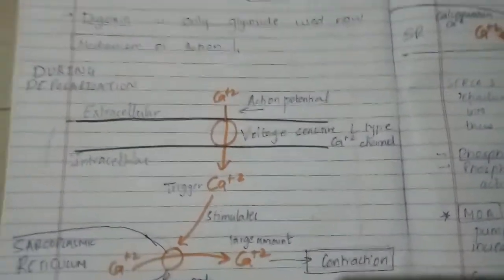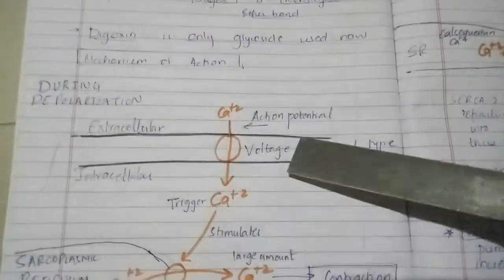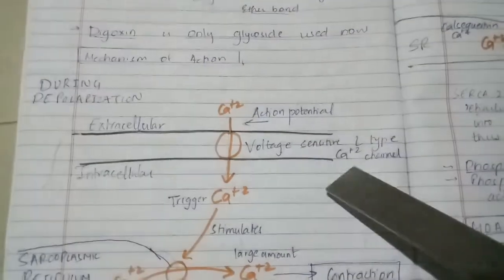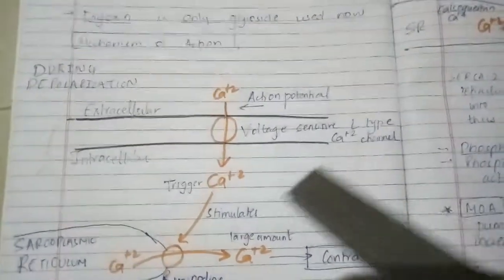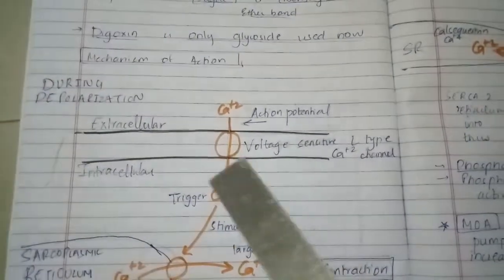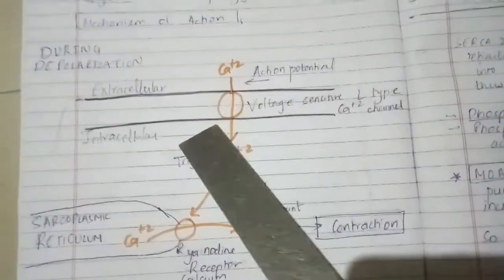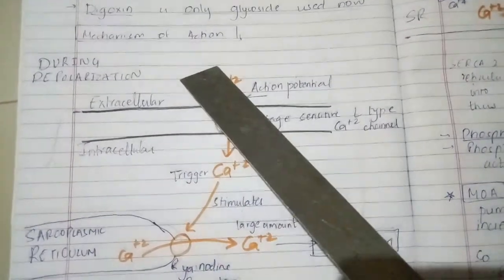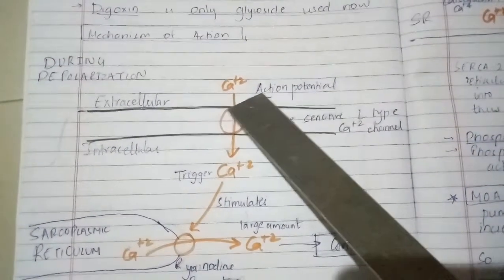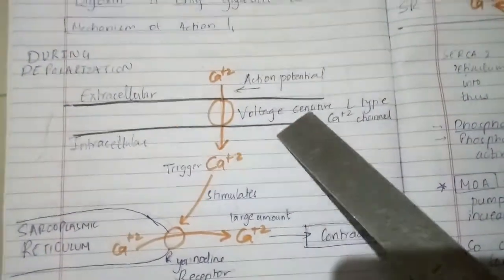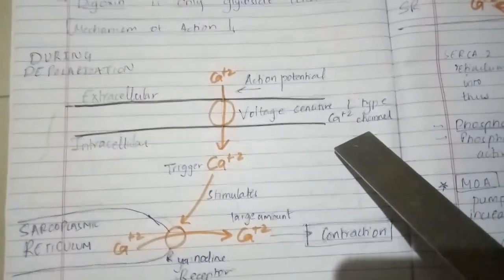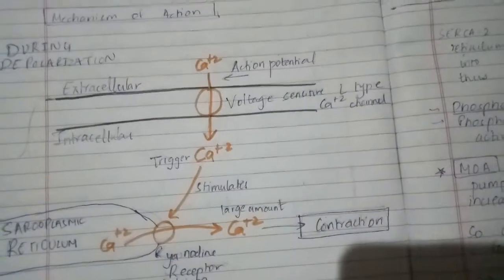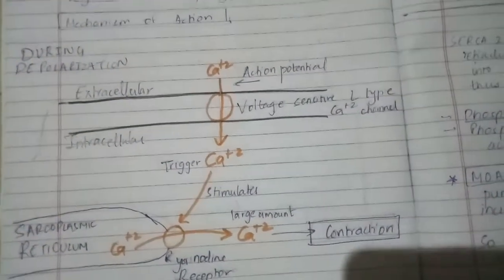This is the membrane, this is the intracellular part of a cardiac muscle fiber, and this is the extracellular part. As soon as the action potential arrives, the L-type calcium channel opens and calcium enters the cell.